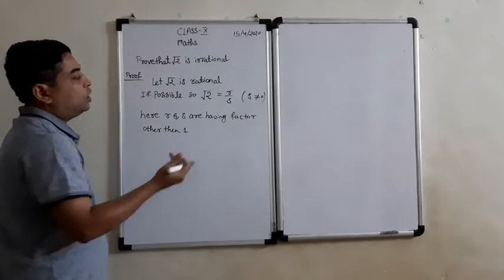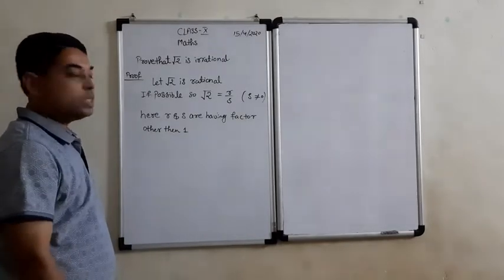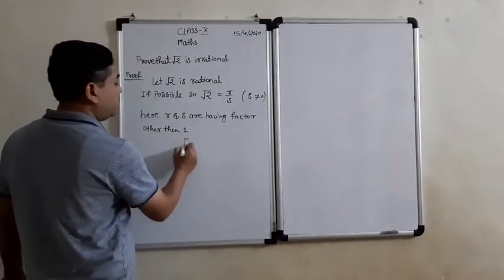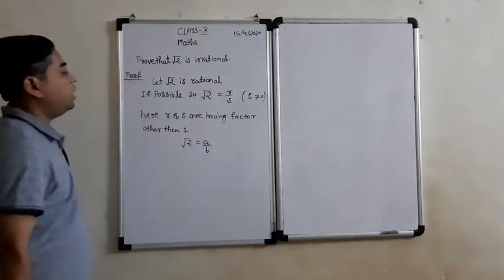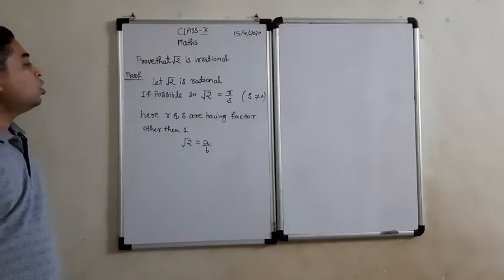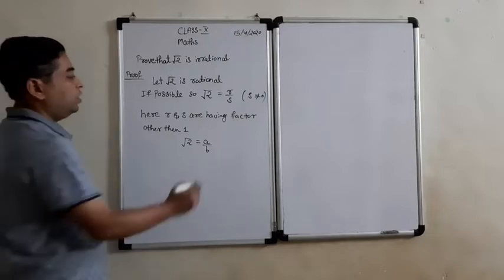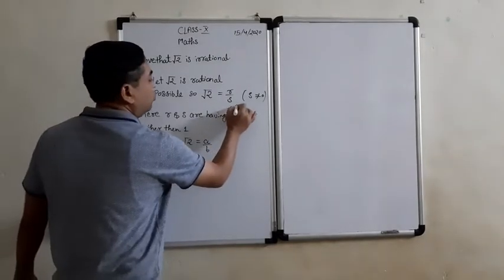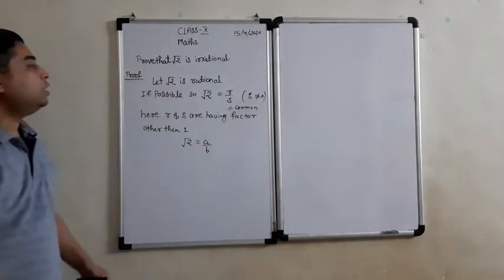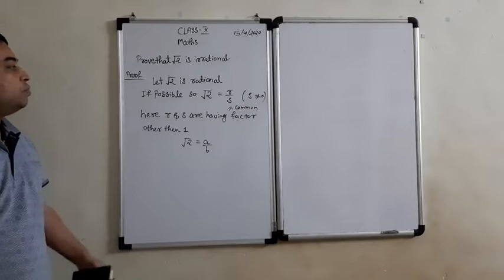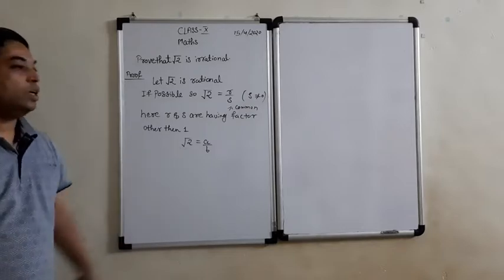If we reduce into lowest form, root 2 can be written as a by b. Here r and s have a common factor other than 1, so we divide by that common factor and reduce to the lowest form.